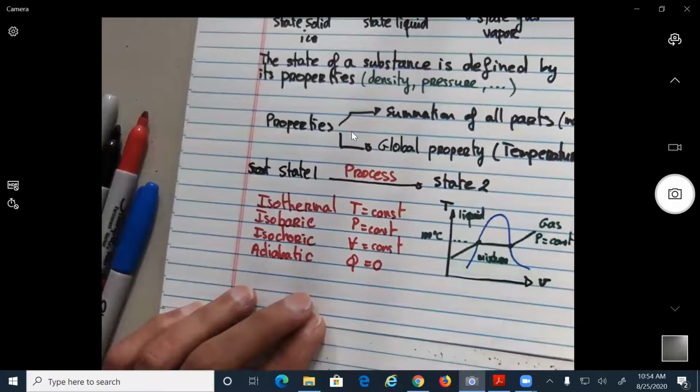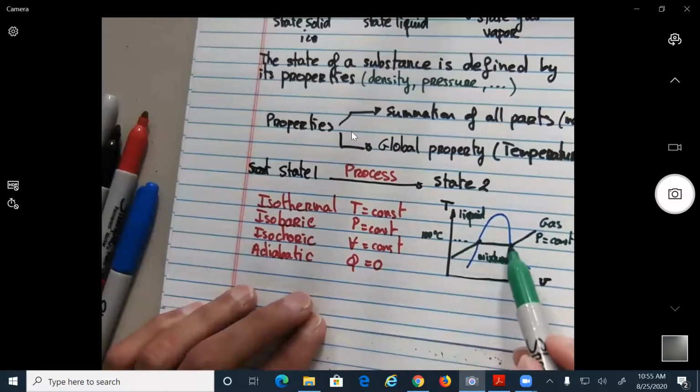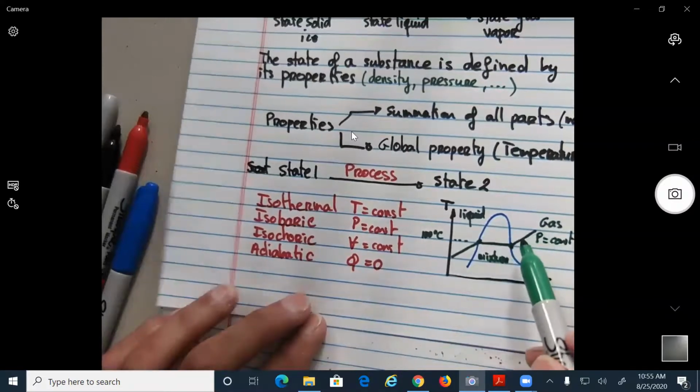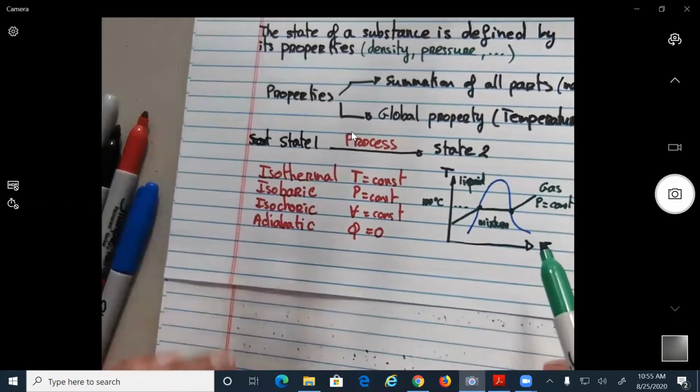So you put water boiling, initially what's going to happen? You increase the temperature, okay? Once you get to 100 degrees, its boiling temperature, some of the water is going to become gas, some of the water is going to remain liquid. At this point here, everything will be gas. And now it will just be increasing the temperature of the gas, okay?